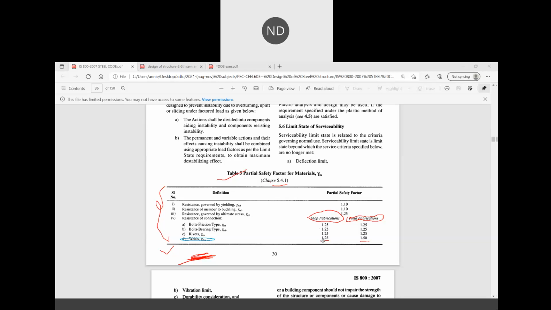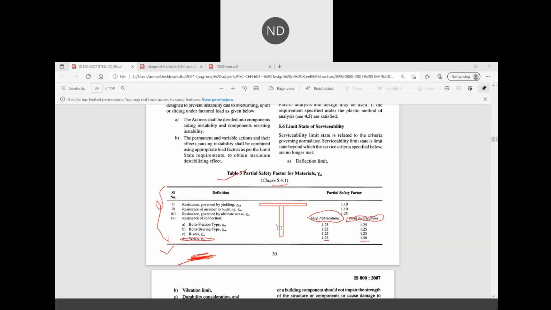Suppose shop fabrication, you have to connect two metal plates or two members. Suppose two T members, two big bars are there, and you have to join them.